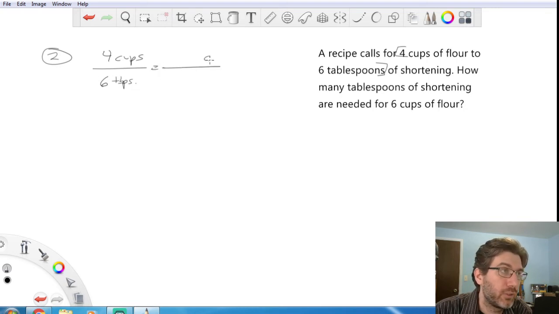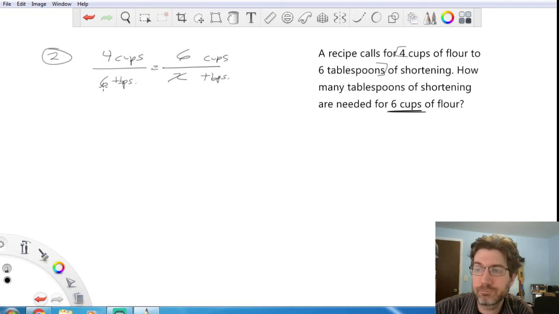That's going to equal something that also has cups on top and tablespoons or whatever on the bottom. I don't know the abbreviation for tablespoons. How many tablespoons of shortening are needed for 6 cups of flour? 6 cups, so 6 goes there, x goes there.